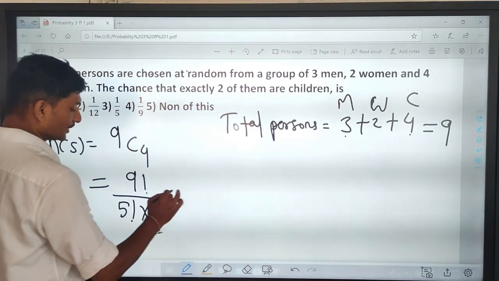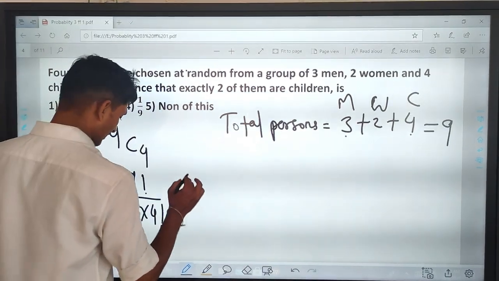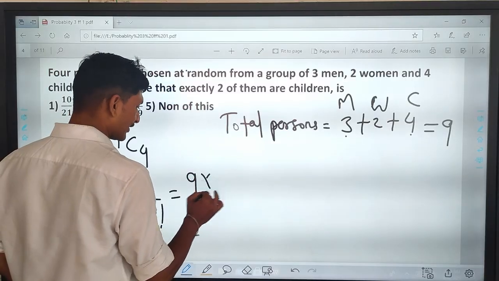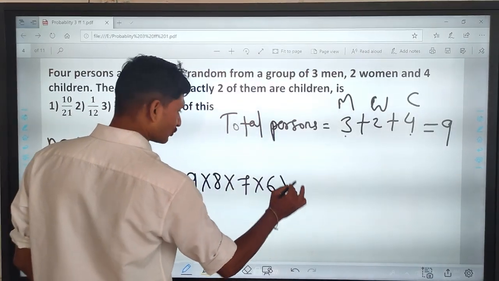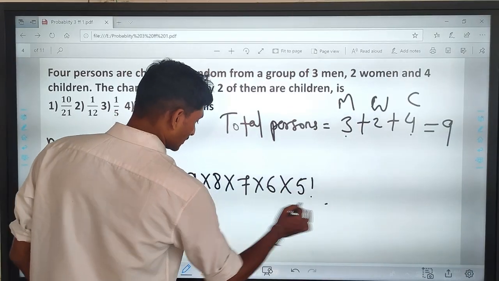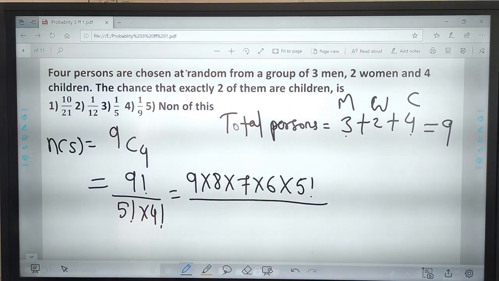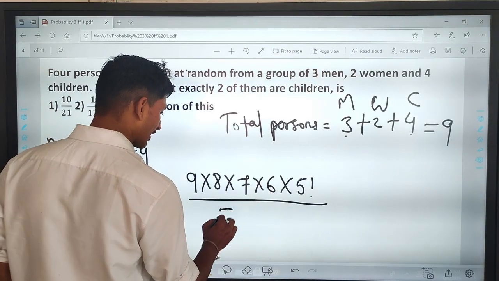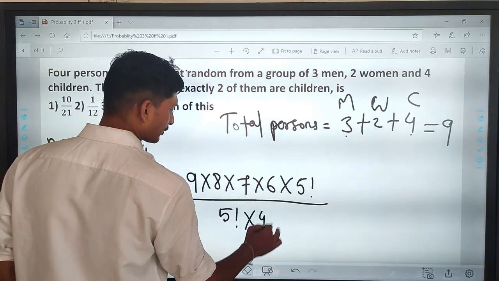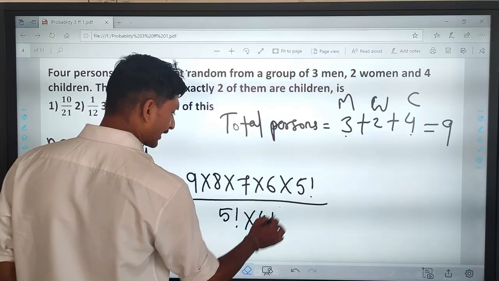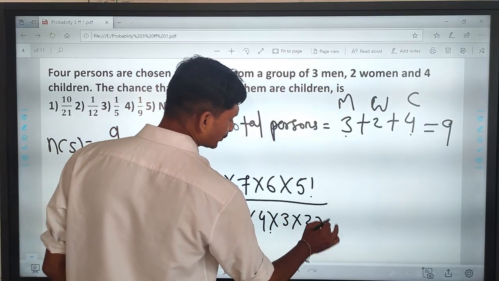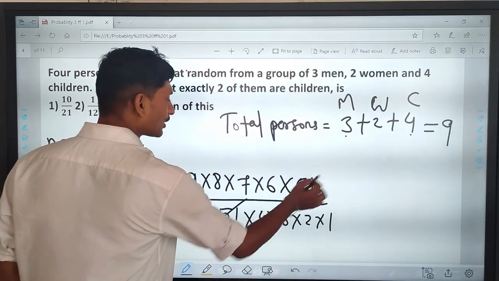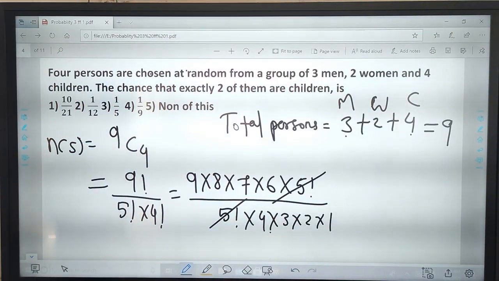Here 9 factorial is written as 9 into 8 into 7 into 6 into 5 factorial, divided by 5 factorial into 4 factorial. 4 factorial means 4 into 3 into 2 into 1. 5 factorial gets cancelled here.